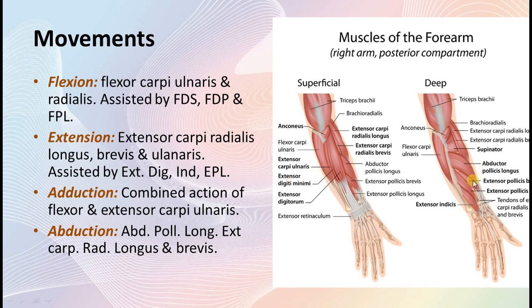Abduction is by abductor pollicis longus muscle, extensor carpi radialis longus and brevis along with extensor pollicis longus. Okay. So these are the movements and these are the muscles which are producing these movements, that is the flexion, extension, adduction and abduction.